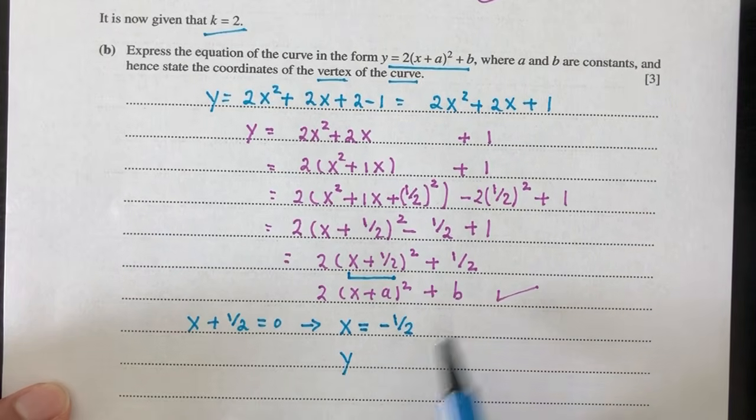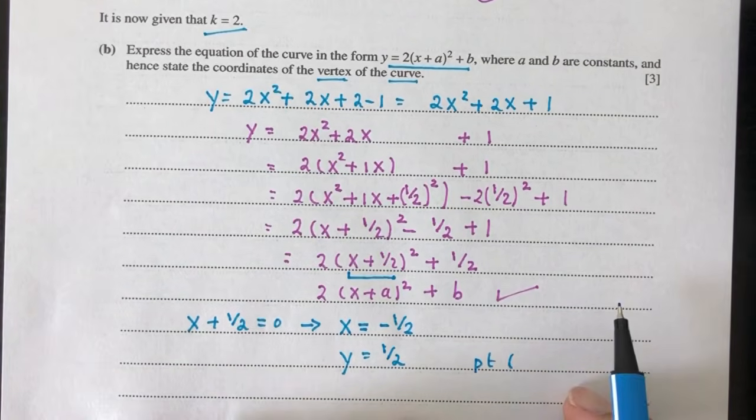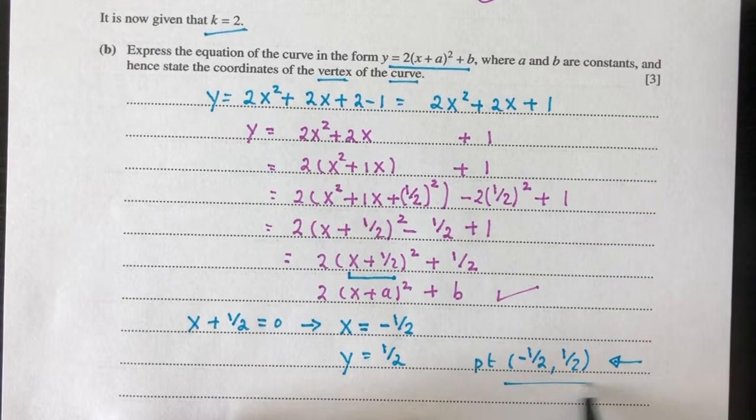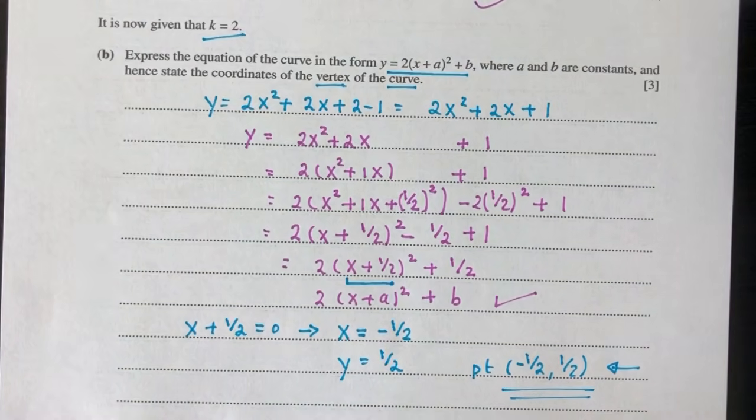And the value of y will be just this one, which is half. So your vertex point will be minus half for x, and b, which is half. This will be the vertex point of this curve. And this is question number 6.